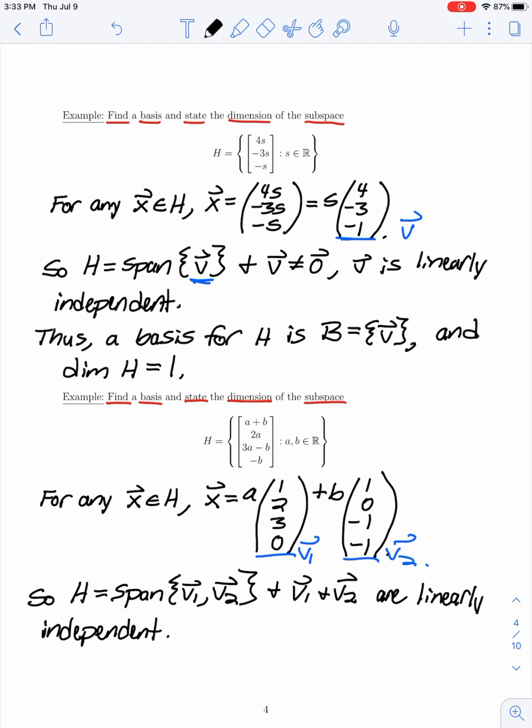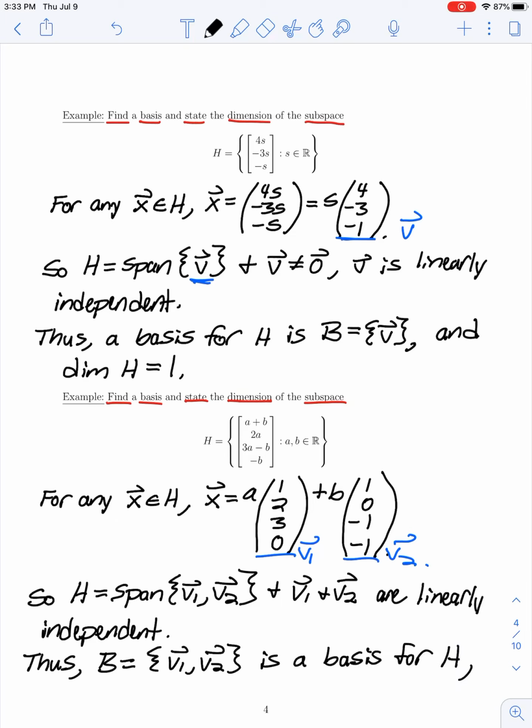Which means that the set B, consisting of the vectors v1 and v2, is a basis for H, and the dimension of this subspace H is equal to 2, since there were 2 vectors in our basis, and theorem 4.10 says there's 2 vectors in any basis for this space. All right.